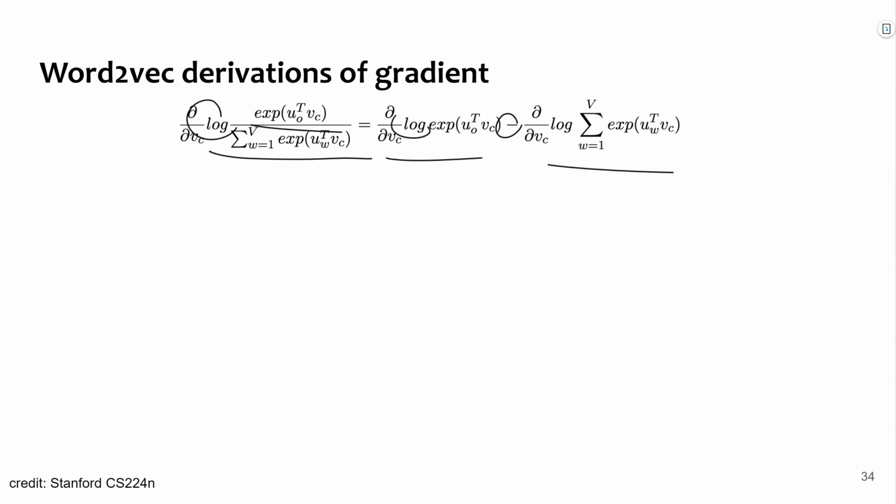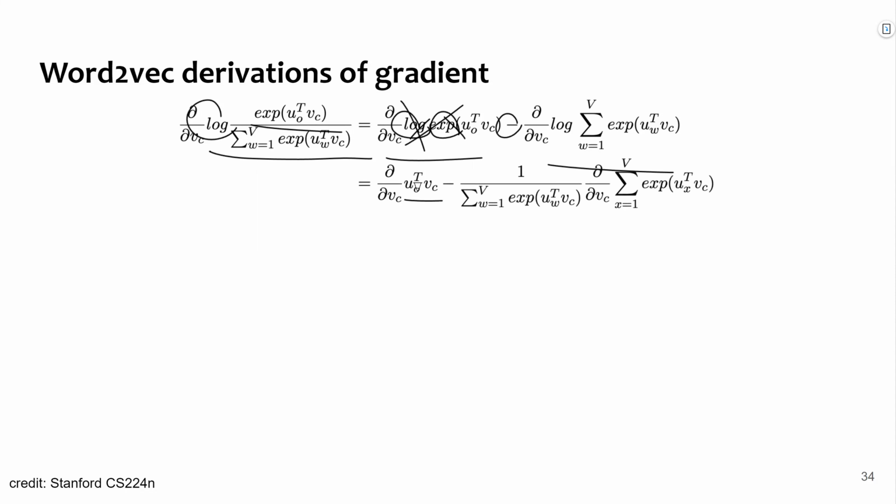And because we have log here and exponentiation here, they cancel each other. So they are canceled, and we get u_o transpose times v_c. And we already saw how we can derive this term very easily. This was just simply u_o.